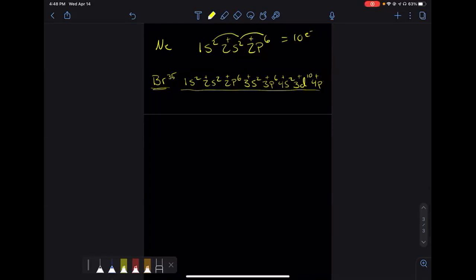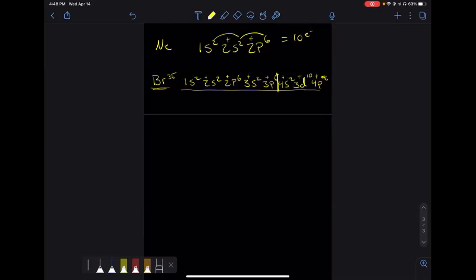Now, instead of talking about bromine, we're talking about selenium, right? Up until argon on the periodic table, or what would be 3p6, up until right here, these are all going to be the same, until we get to another noble gas, krypton, which would be 4p6.